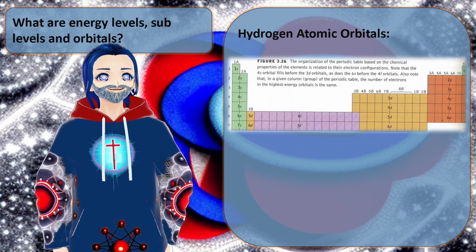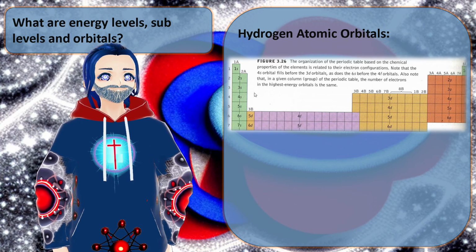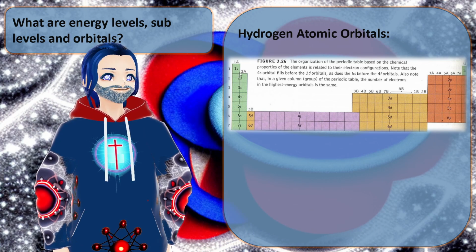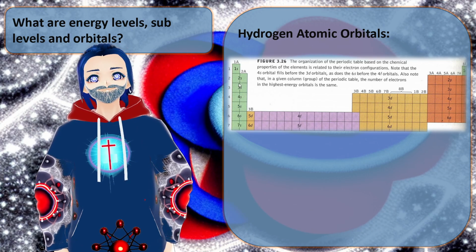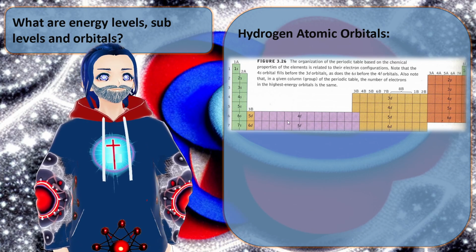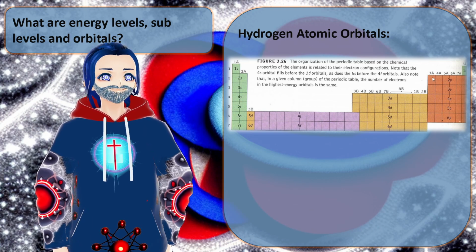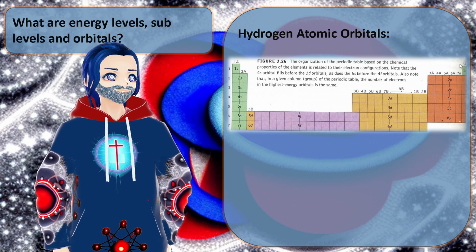Now, the periodic table relates to these orbitals, and we'll talk about this a lot more in the next chapter too, but elements in your first 2 groups have their outermost electrons in the s orbital. Elements in what's called the p block on the other side here of the gap have their outermost electrons in the p orbital.